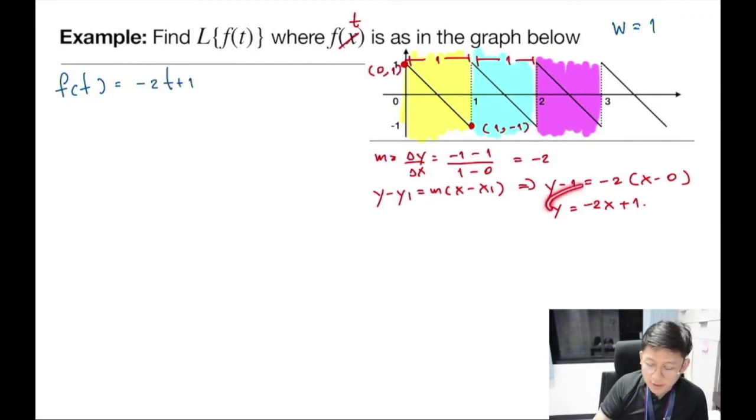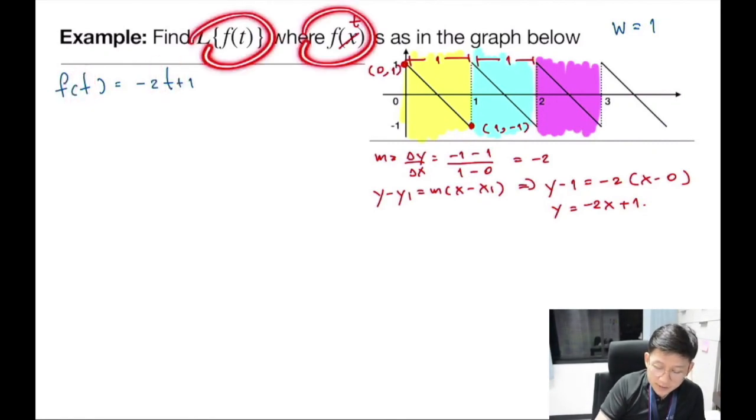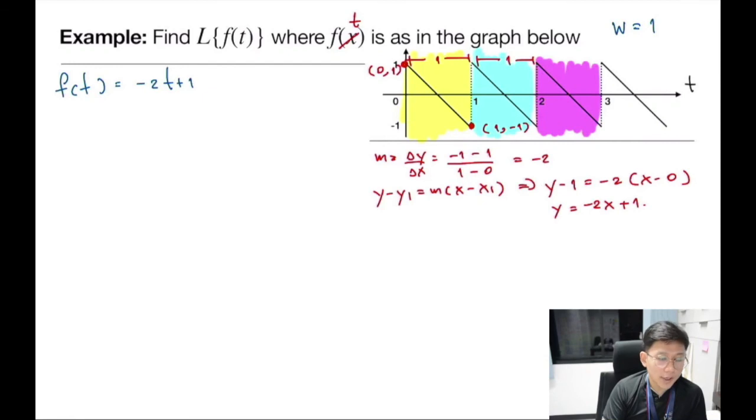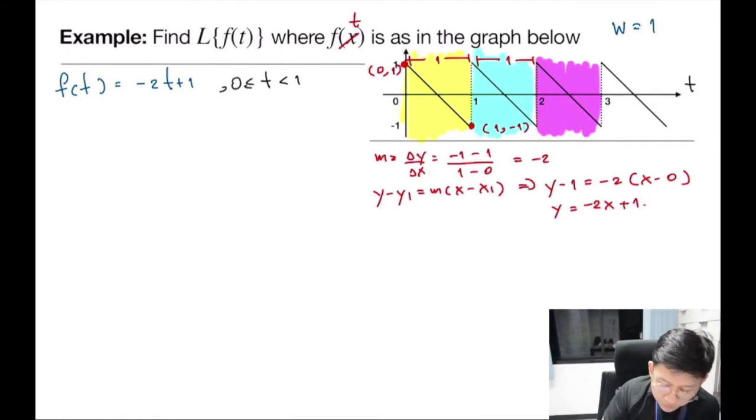Guys, here we have x, y, and x, but here it's going to be t, because f is defined in terms of t, when t is less than 1 but bigger or equal to 0.